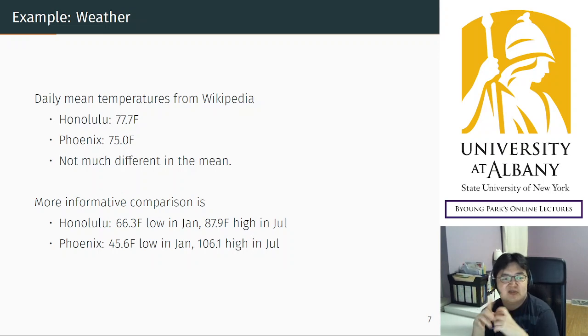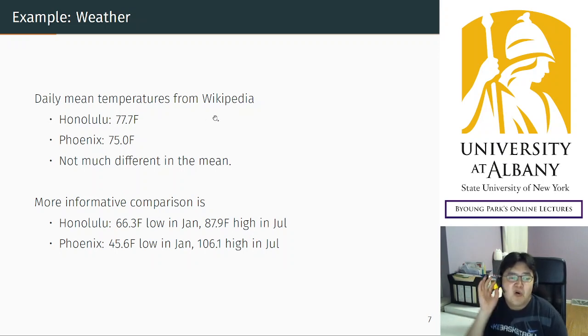If you agree, that means these two numbers are not a good comparison. If I hide the city names, you don't know which is which. No one can tell.